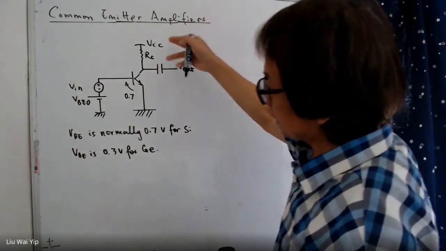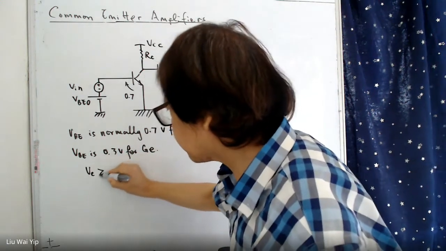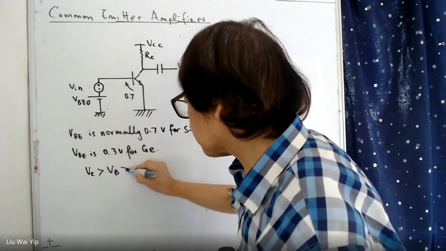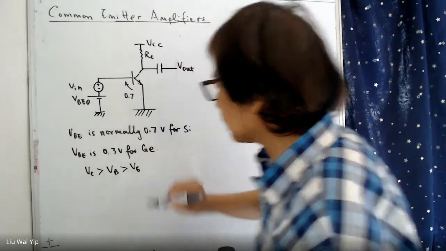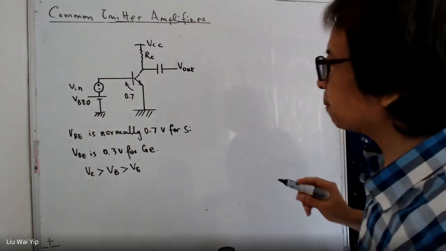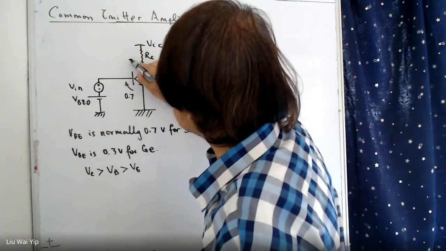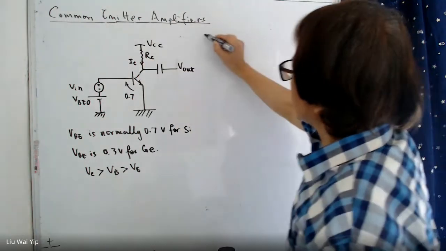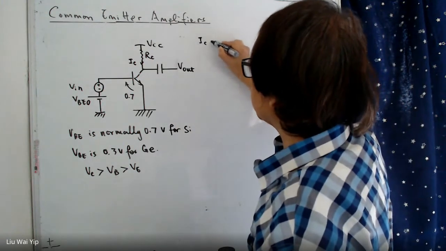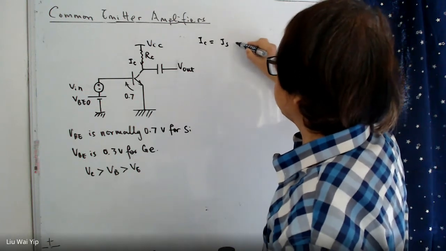Normally, at least you have to satisfy this criteria. Now, in this case, the collector current can be calculated using this formula here.